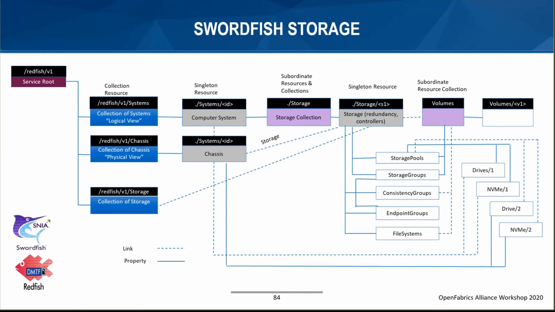The volumes can consist of consistency groups, and the file systems can be built with different volumes. So we can also see that, again, coming back to REDFISH chassis, we have a chassis collection, and then we see that there are a couple of drives sitting in those chassis. This is how the physical drives are represented. And we can also see that the same drives are used to carve out different storage elements. So next slide.